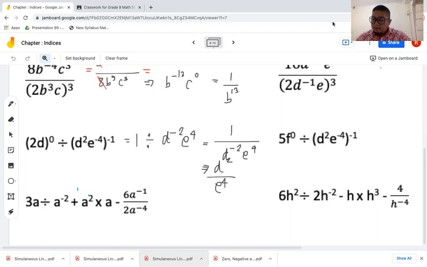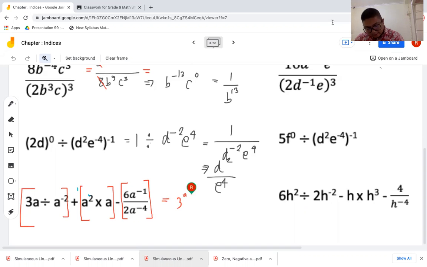This one, we now have this calculation. And what we need to do is to group them in such a way that we can calculate these processes that we have. So before we add and subtract, what we need to do is to divide and multiply first. Okay, so the first term is going to give us a calculation of 3a minus negative 2.